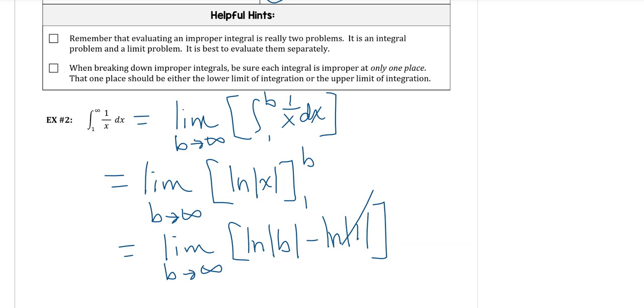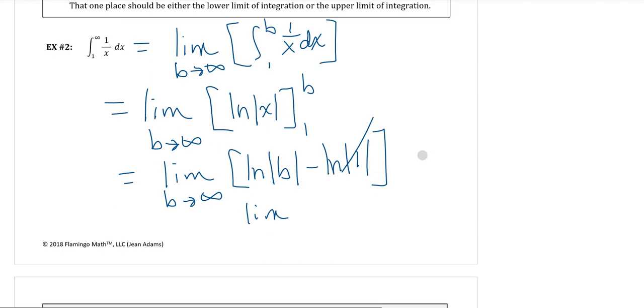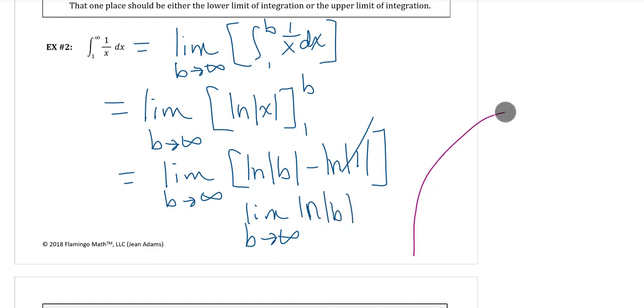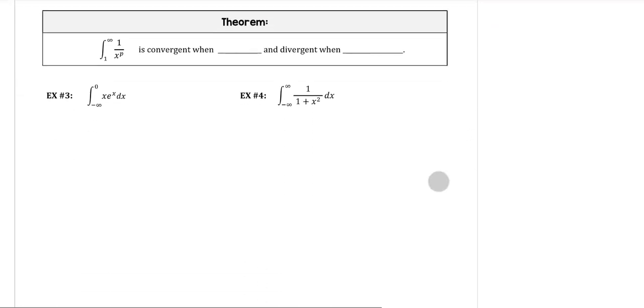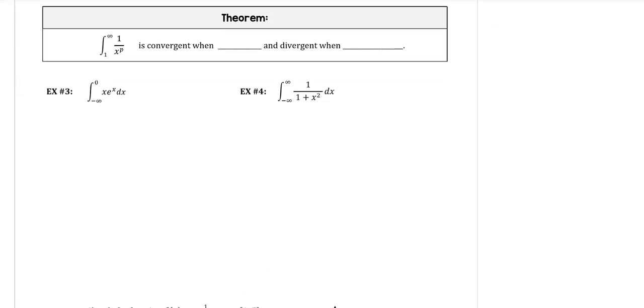So what we're going to take is the limit as b approaches infinity of ln of b. And if you remember what the graph looks like, it looks like this. So it is going to diverge. It does not converge at all. This diverges.